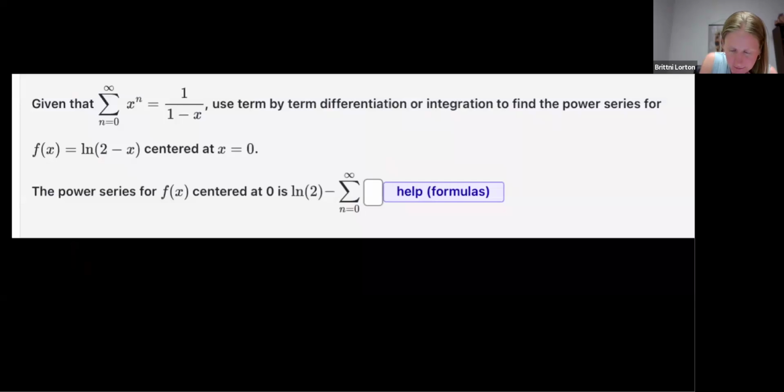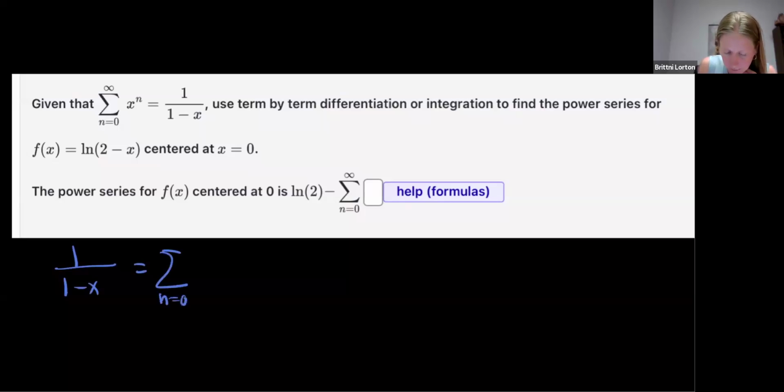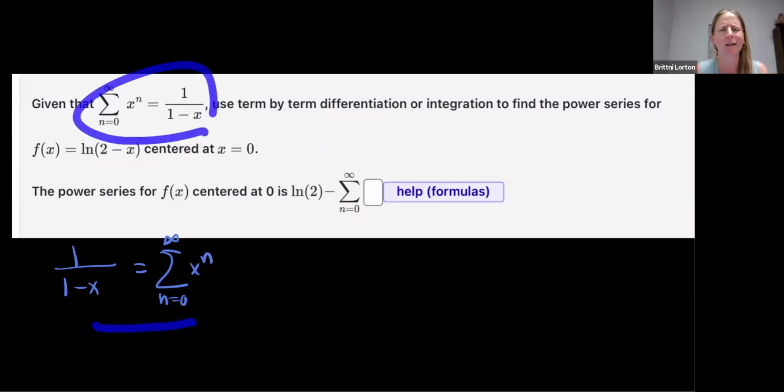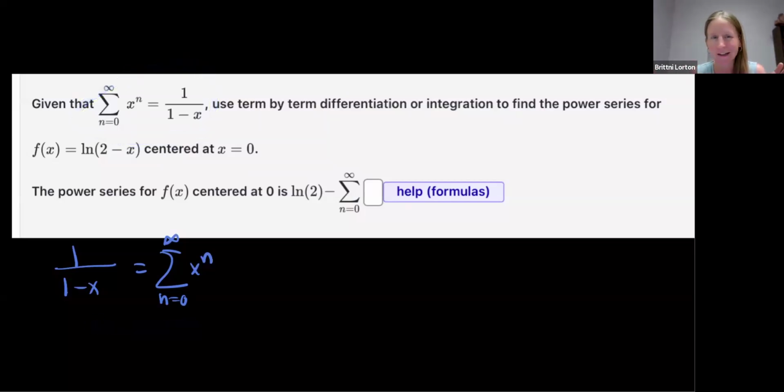We know our power series for the geometric series is 1 over 1 minus x is the sum from n equals 0 to infinity of x to the n. That was given. I just wrote it in a different order. The order of that equal sign does not matter. It was just a habit of mine to write it in that order.